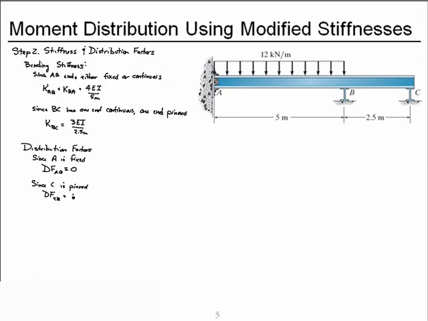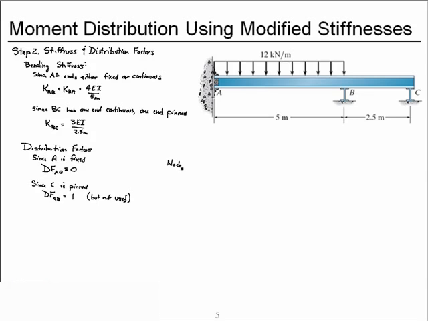I'll point out, because we are using the modified stiffness, because one end is continuous and one end is pinned, we don't need the distribution for the pinned end. But we'll keep it there just for completeness of our note keeping.